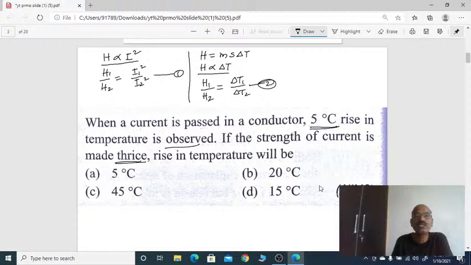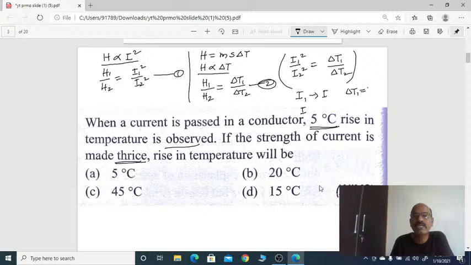Now compare equation 1 and 2. Comparing equation 1 and 2, you will get I1 squared by I2 squared equal delta T1 by delta T2. Right, that's it. Here you take I1 as I. Delta T1, rise in temperature, is given 5 degrees Celsius.